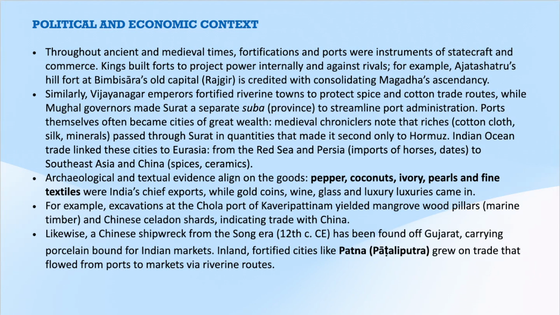The architectural, archaeological, and textual sources align on the various goods that were used during this trading. Pepper, coconut, ivory, pearls, and fine textiles were India's chief exports, while gold coins, wine, glass, and luxuries came in. For example, excavations at the Chola port of Kaviripattanam yielded mangrove wood pillars and Chinese celadon shards, indicating trade with China.